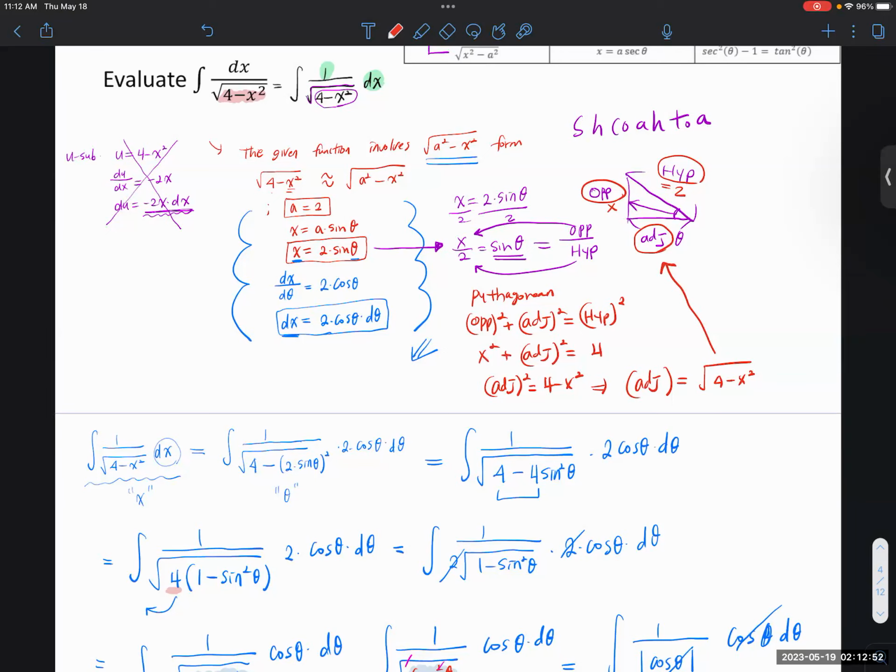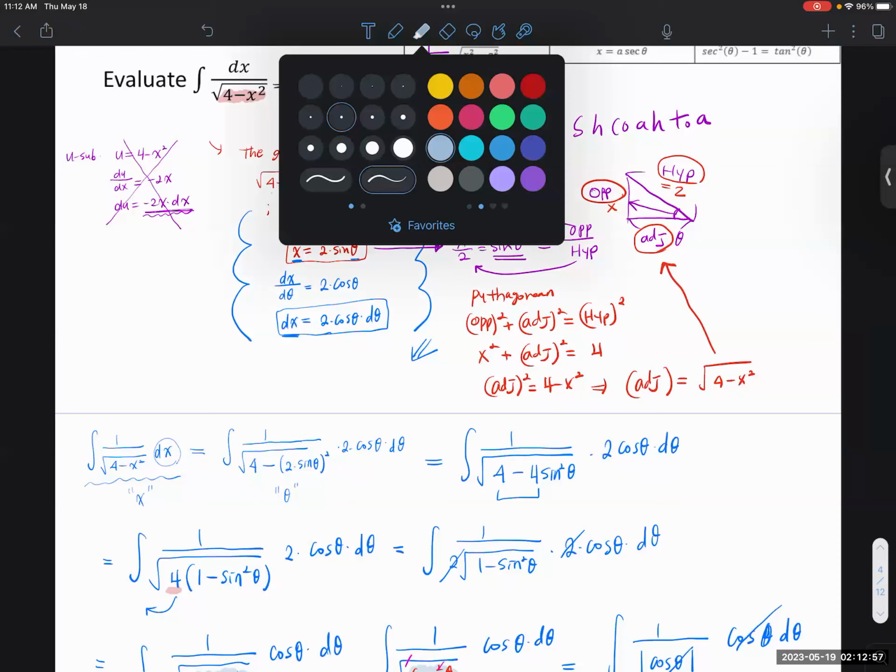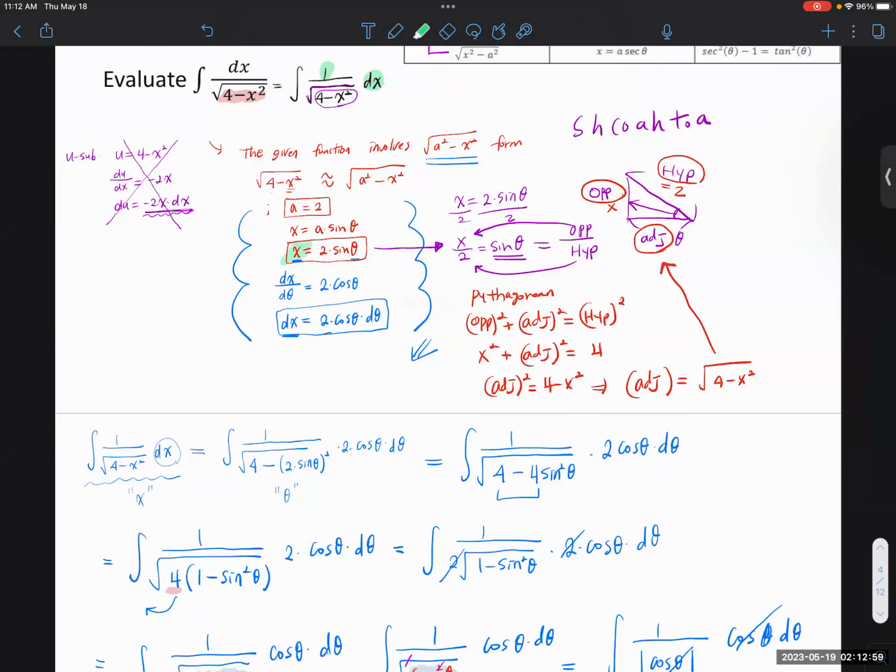So my goal is to find out what theta is. So I'm going to highlight this one, x equal to 2 times sine theta, correct? So what that means is x over 2 is sine theta. So how are you going to solve for theta?